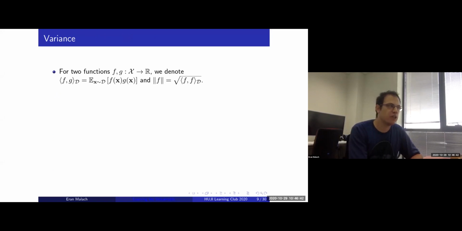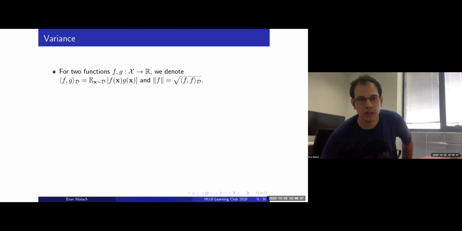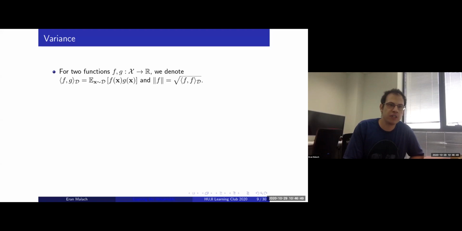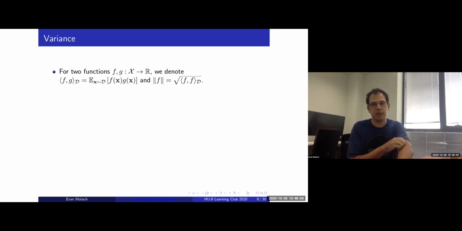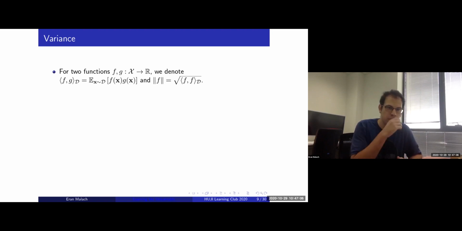To show this negative result, I need the concept of what I call the variance of the target function. Some technical definitions: for two functions f and g, we define an inner product with respect to D to be just the correlation, or the average of the product between these two functions, and this defines a valid inner product. The norm of a function would be just the norm induced from this inner product.